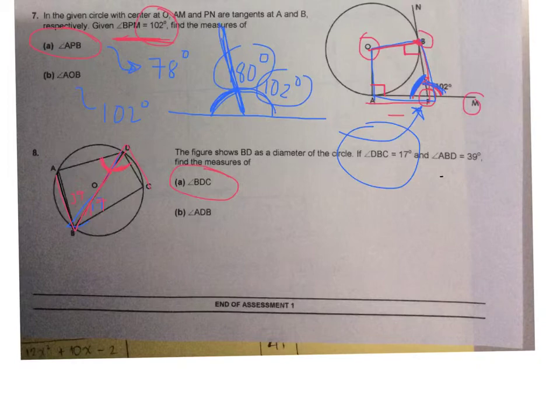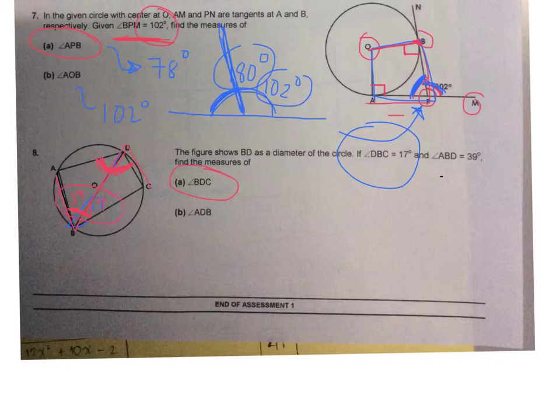Based on the information that we have, the sum of the measures of these two angles should be the measure when you subtract 39 and 17 from 180. Remember, for any four-sided figure inside the circle, the opposite angles are always supplementary, meaning the sum of the two angles should be 180.